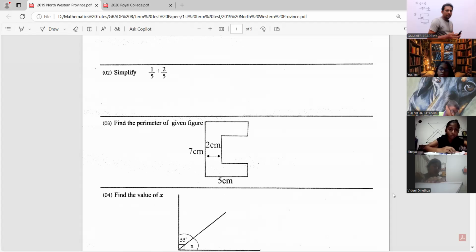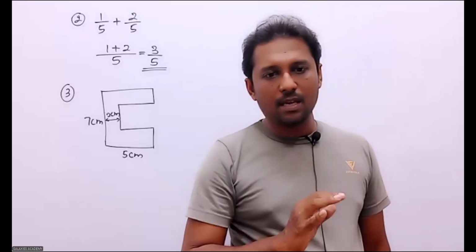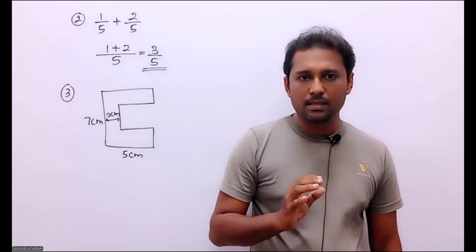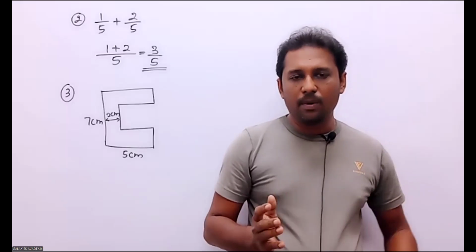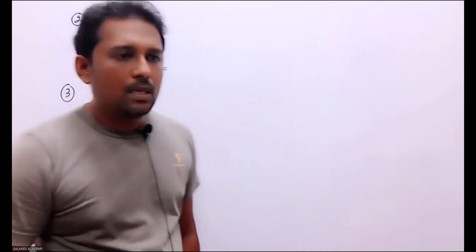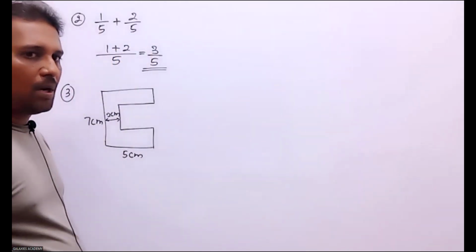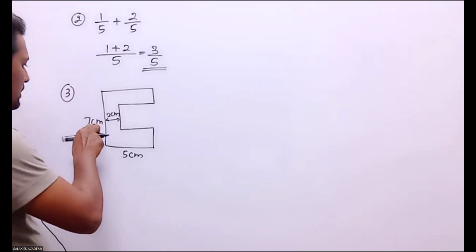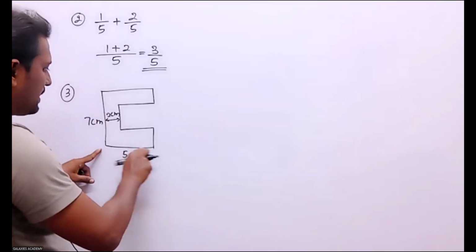Using these given data, you have to find the perimeter. Perimeter means the sum of the bounded lengths of the closed plane figure. First you check what the bounded lengths are. This is one length, no? And this one another length.